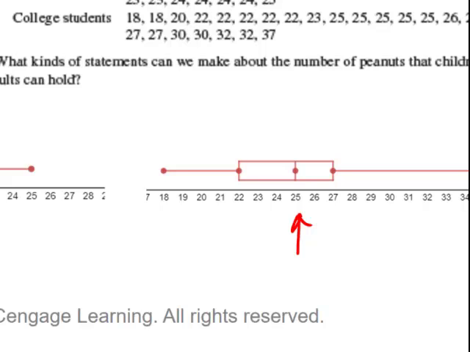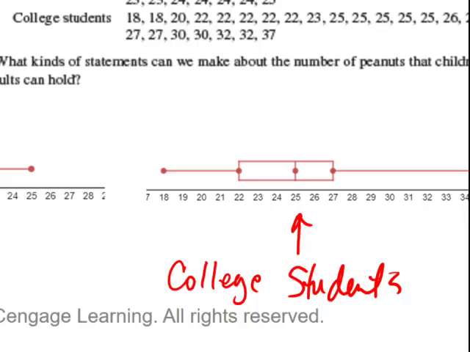Notice that my data for the college students ranges from 18 to 37, so you get the whole spread here. And then this would be your quartile 1 and quartile 3, and our center there being the median. So we can see how this data stacks up.